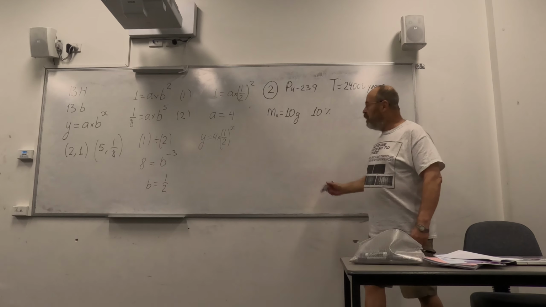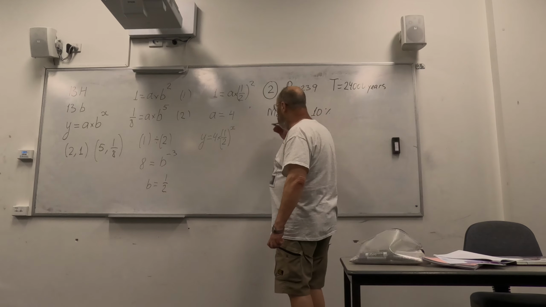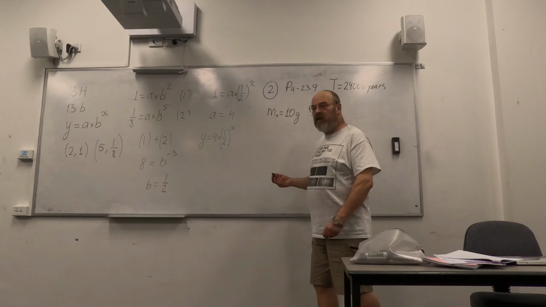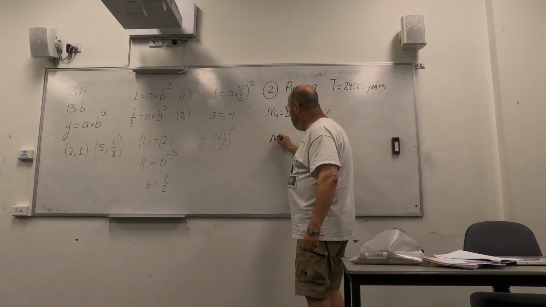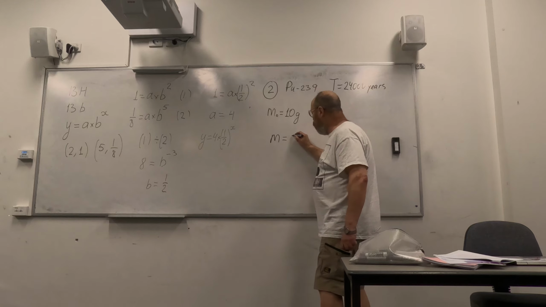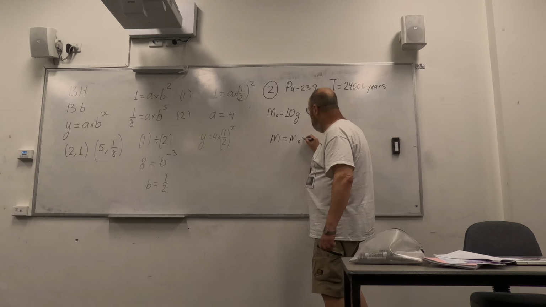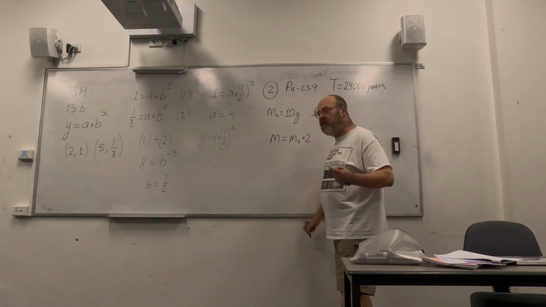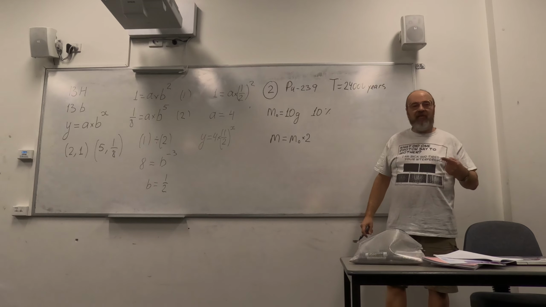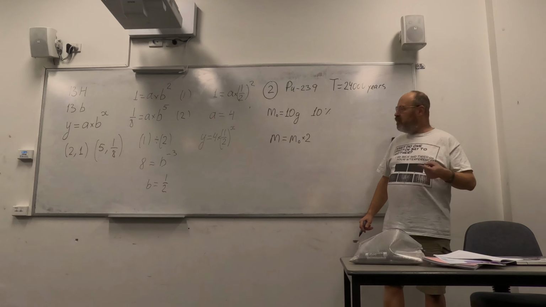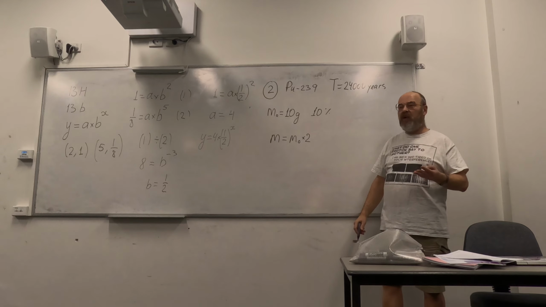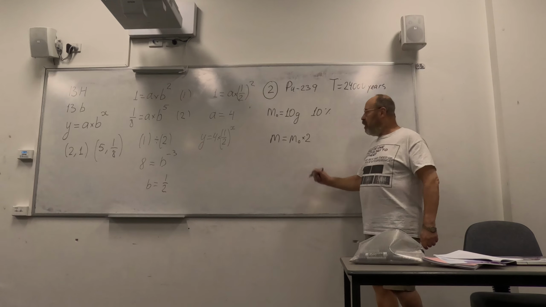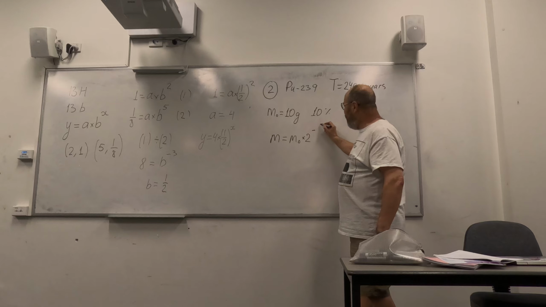1. So, the general equation of radioactive decay is M, the mass that we have now, equals the original mass times 2, because it is half-life. Every period of half-life, it becomes twice less. Time in the power negative t over half-life.